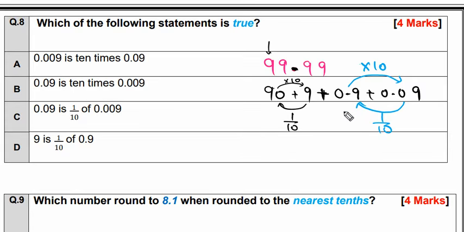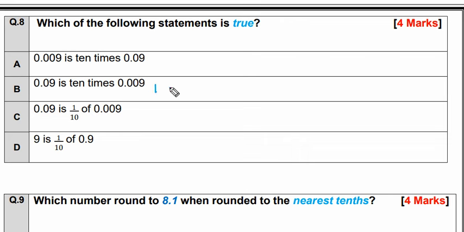That's how it is. So now try to answer which is the correct answer, whether it is A, B, C or D. Think about it. Teacher can pause the video and student can answer. So what's your answer?